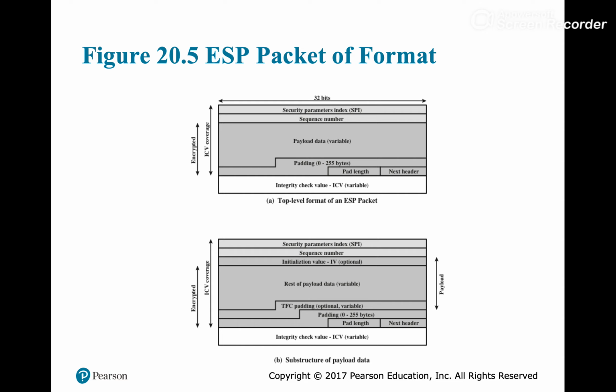So we encrypt it, and the length can also be hidden from the attacker by adding traffic flow confidentiality padding. After your payload data, you can add this field before the normal padding, just to change the length of the packet. Other things are the same.